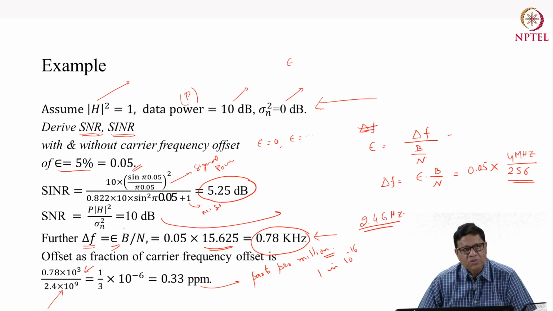So that we need to maintain exactly at that value. Otherwise, any slight offset as low as 5% or 0.05 will degrade the SNR performance. So this is the effect of frequency offset on OFDM.